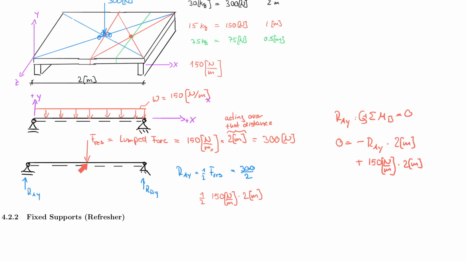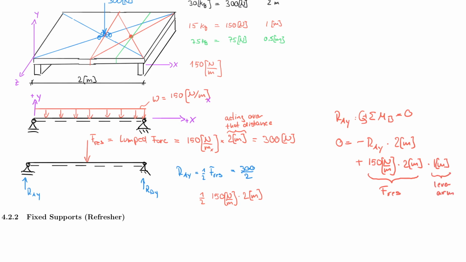And you guessed it right, the lever arm here for the lumped force to support B, because remember, this is where we take the sum of the moments about. So we take it about this point. So I need to worry about the lumped force that I just lumped here, and multiply it by the lever arm, which is 1 meter. So let's do that, 1 meter. And let's say that this here is F resultant, and this is the lever arm.